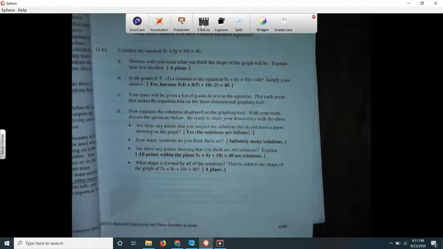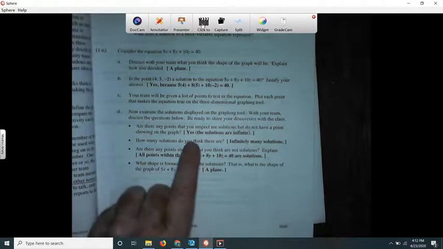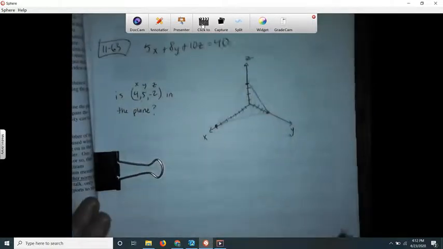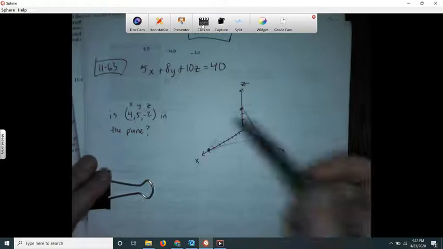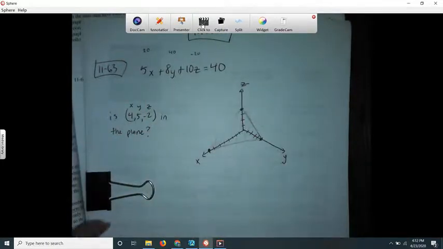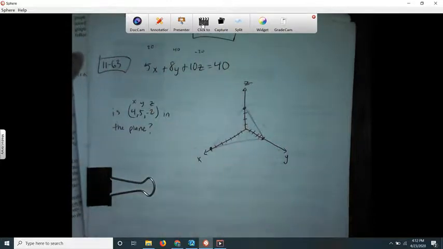And you should also know that I've actually graphed this for you, and I'll explain that right now. How can you graph one of these? How did I get this graph? Well, what I did is I found the intercepts.